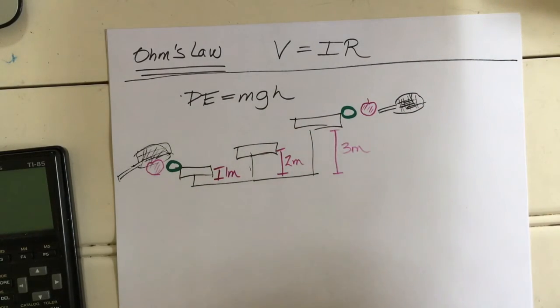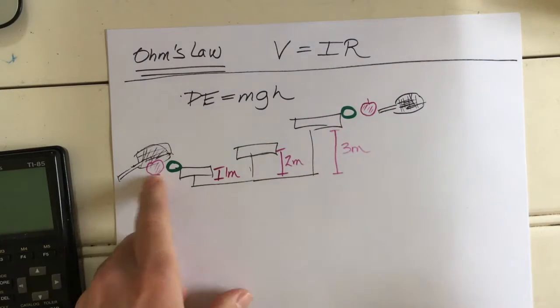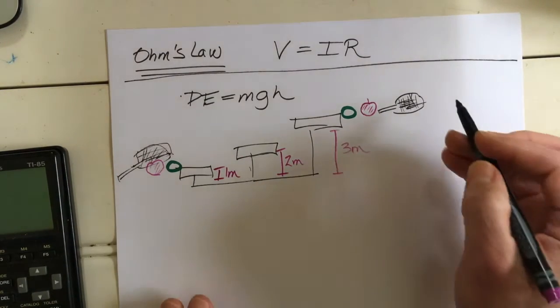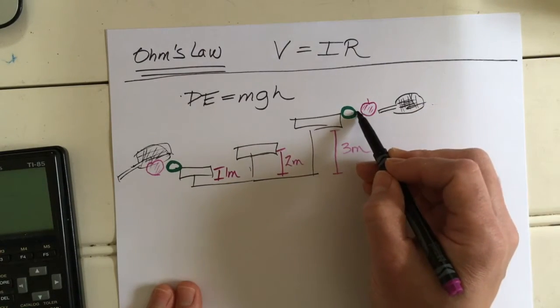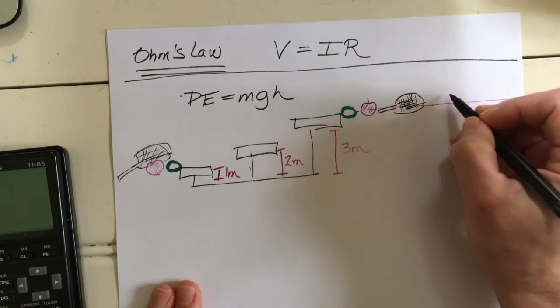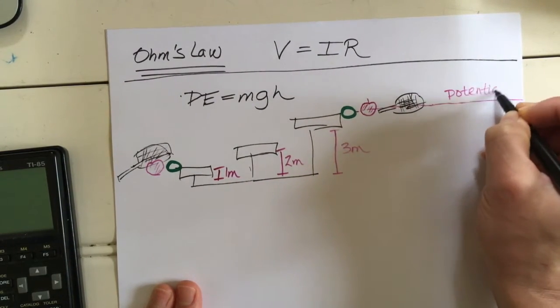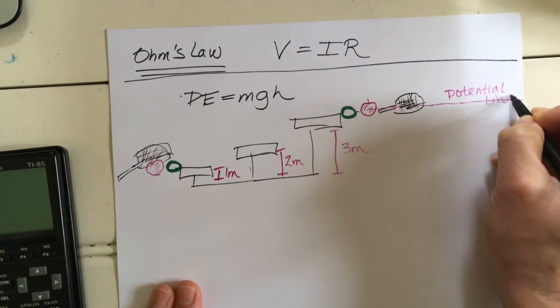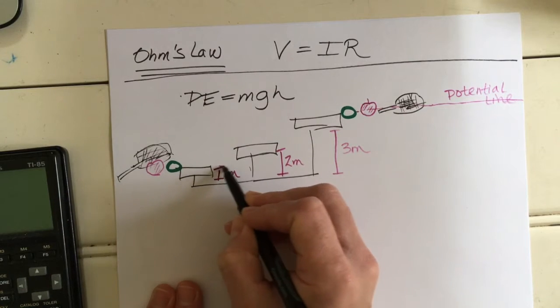So what I can say then about maybe this height or this height, I could call it a potential line, right? That if you are at this height right here, we can say this is a potential line. And it's different from, say, this height right here.